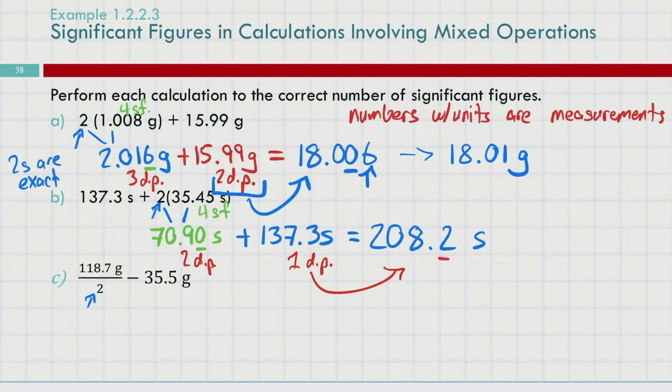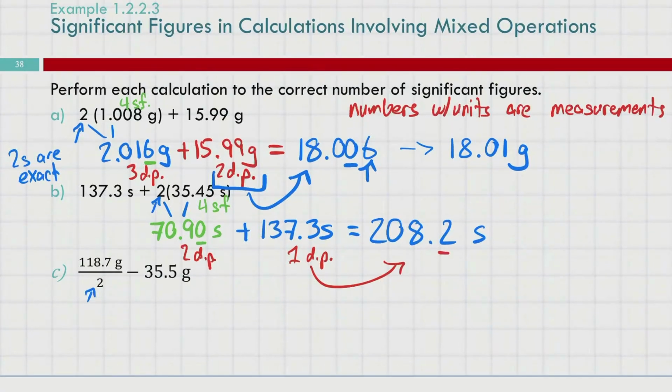All right, last one. C in italics for some reason. Same sort of setup. Our first step, we're doing 118.7 grams divided by 2. We'll put that in the calculator.